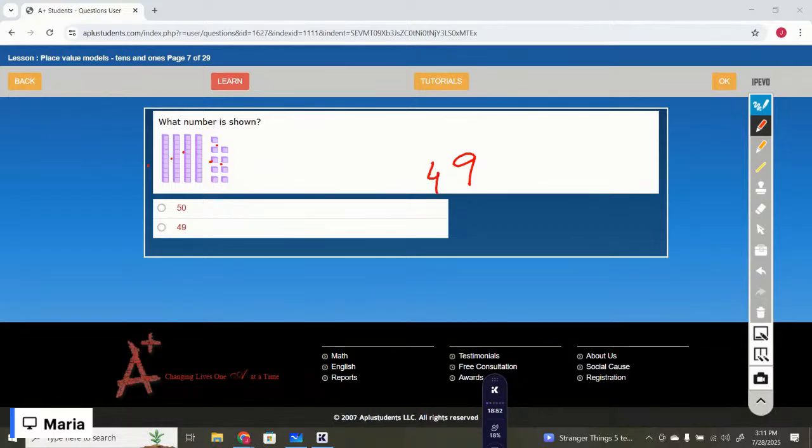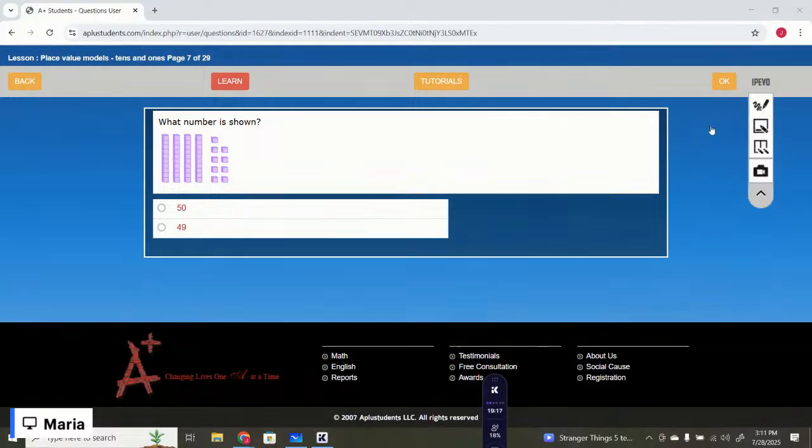Together they make 49. Option number 2 is the correct option.